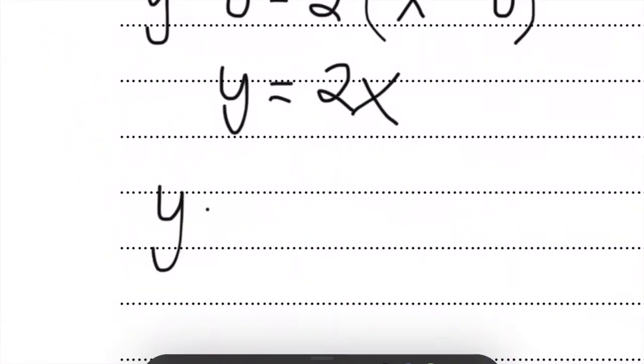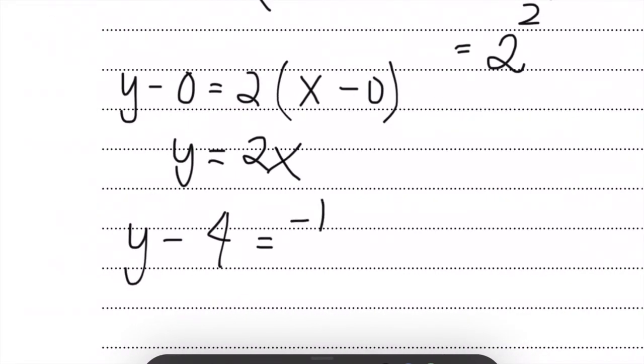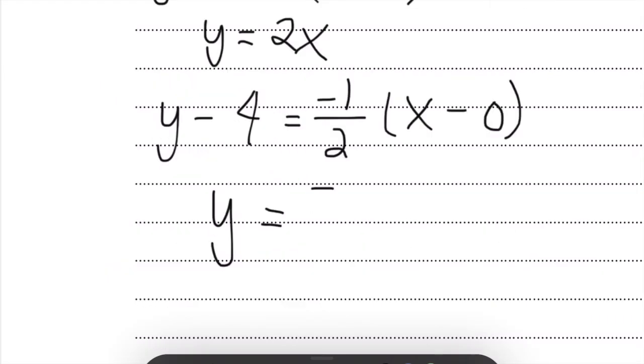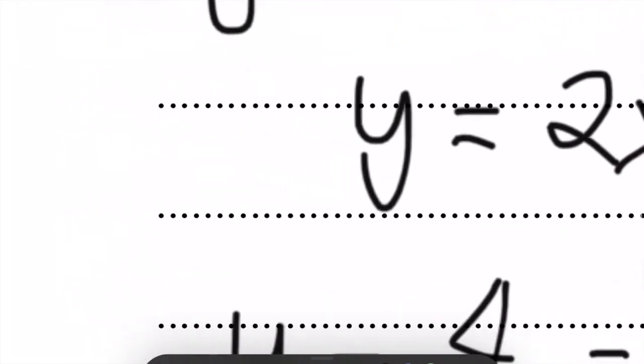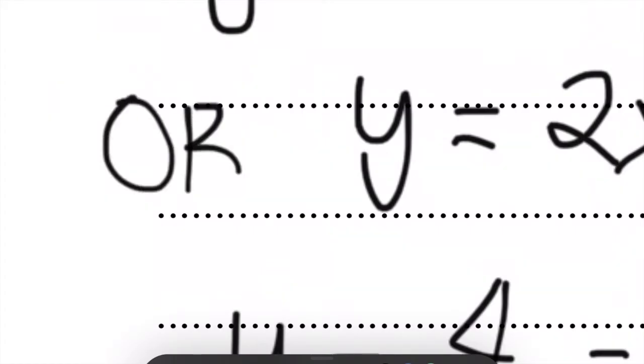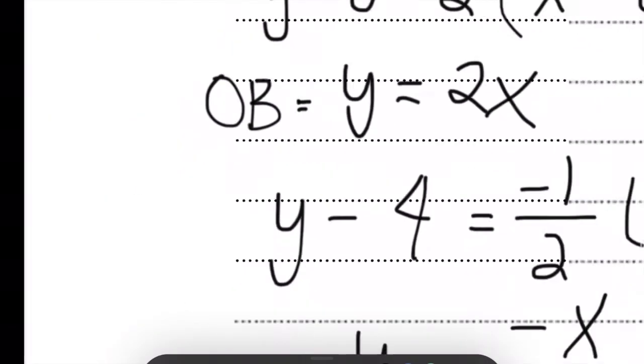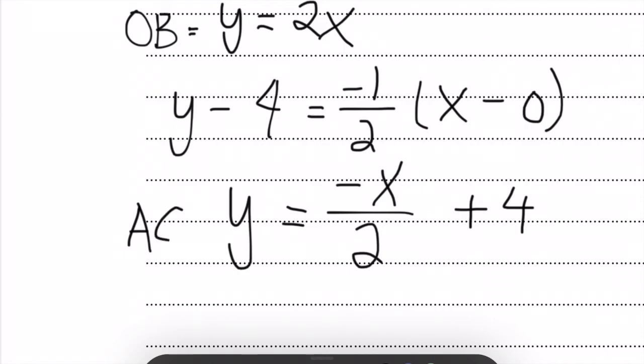So y minus 4, which is the y coordinate, the gradient in parentheses x minus 0. This is the same as negative x over 2 plus 4. So this is your equation for OB and your equation for AC.